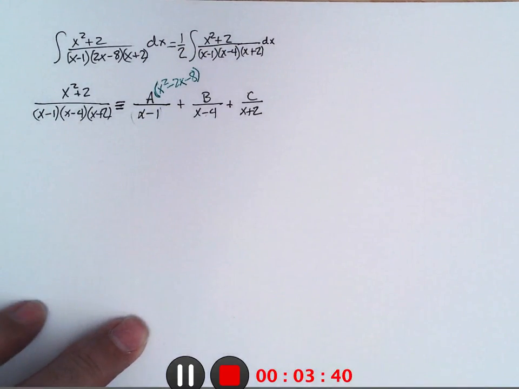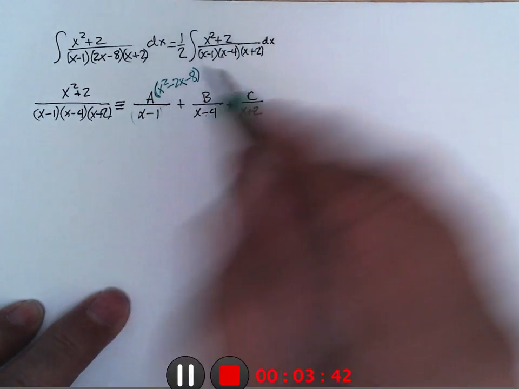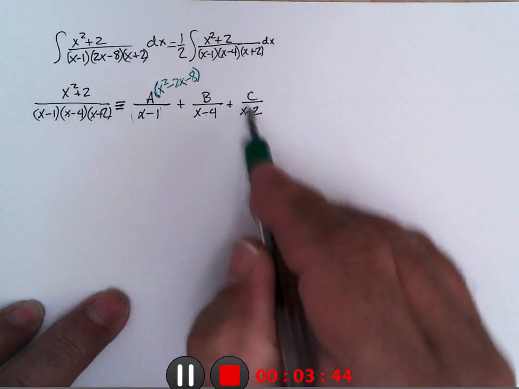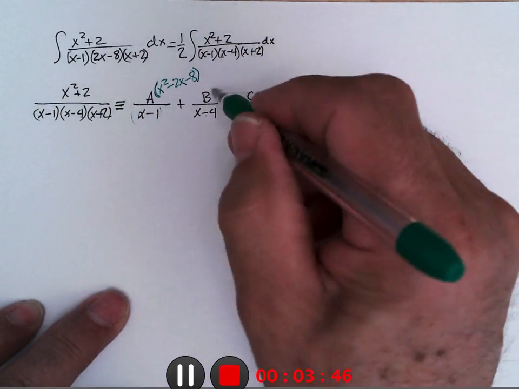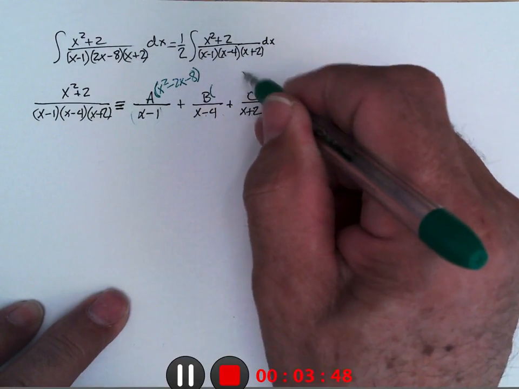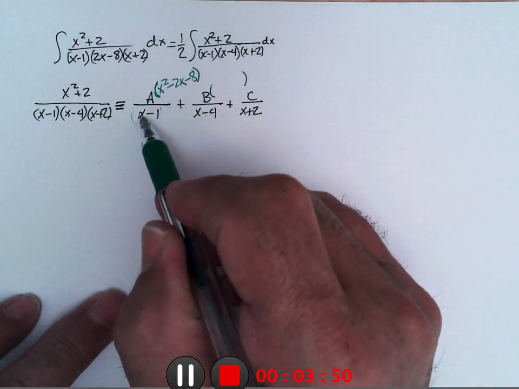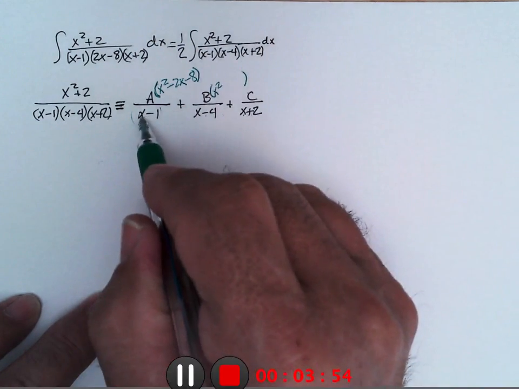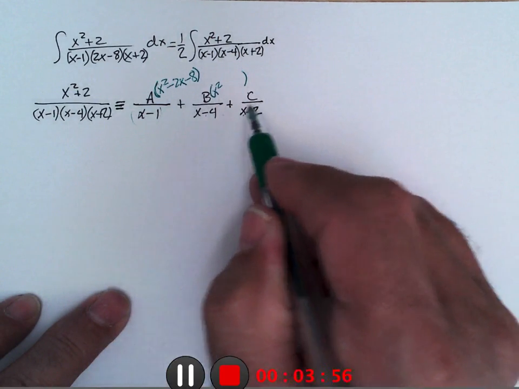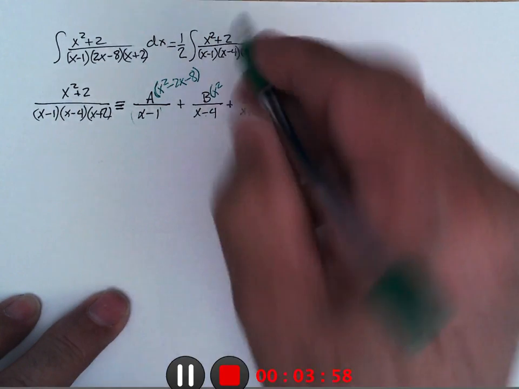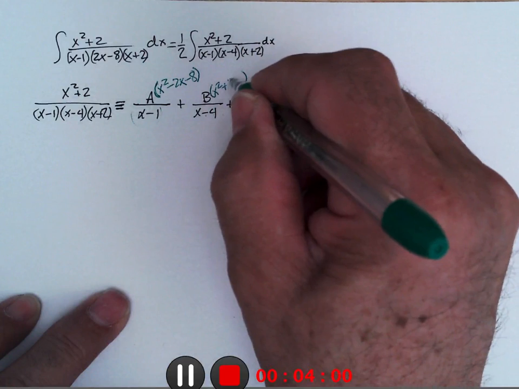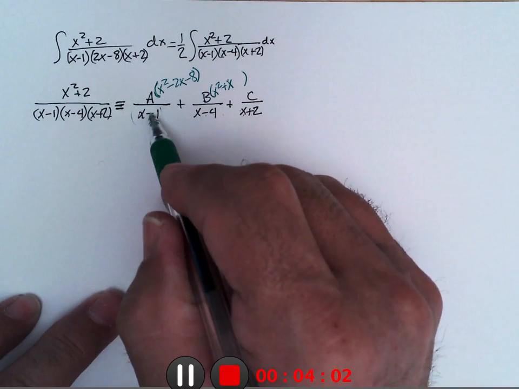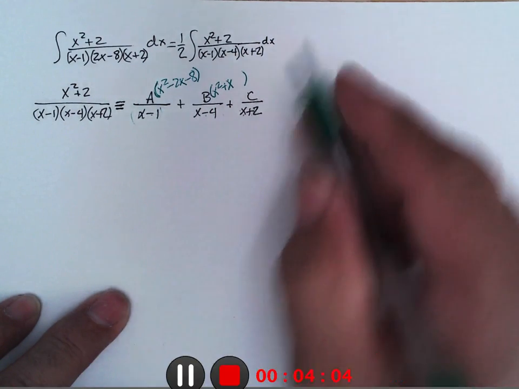This one I'd have to multiply by both of those, numerator and denominator. I'm just going to be concerned about the numerator here, so that would be x squared plus 2x minus an x, which is plus 1x, and minus 1 times plus 2 is minus 2.